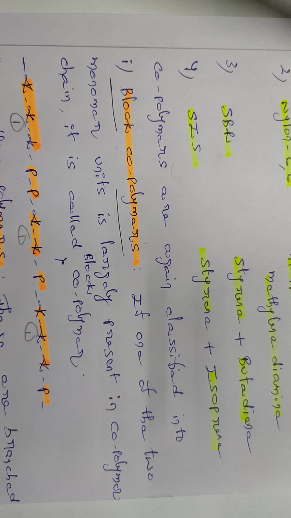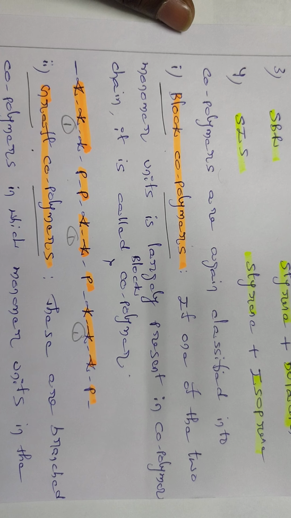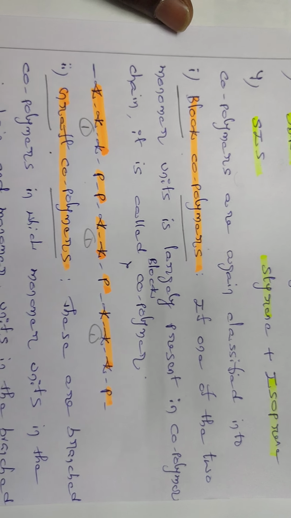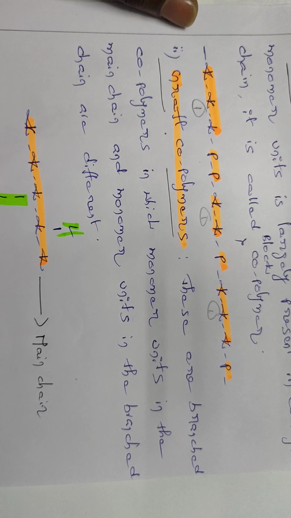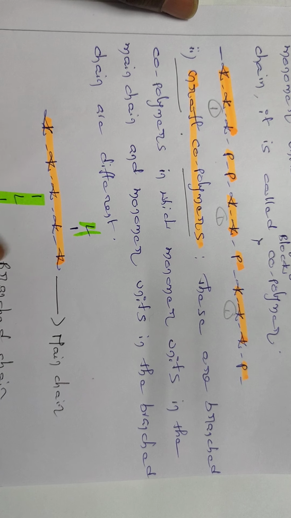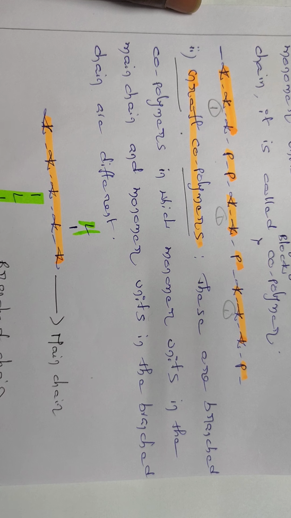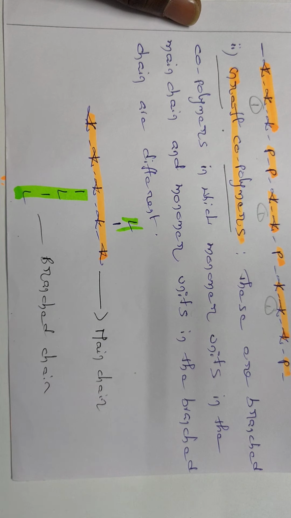The first one is block copolymers. Block copolymer means one of the monomer units is largely present than another. The second one is graft copolymers. Graft copolymer means the main chain monomer and the branched chain monomer are different. Okay, so copolymers in which the monomer units of main chain and branched chain are different are called graft copolymers.